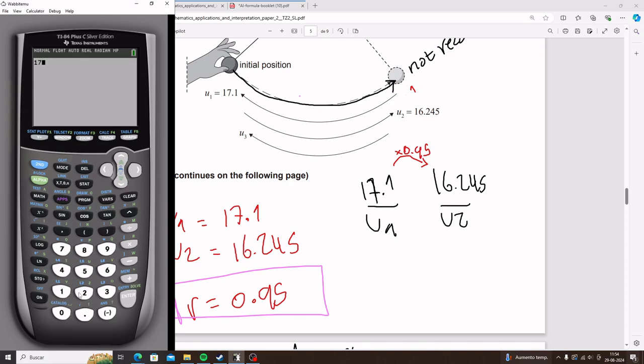So 17.1 times your common ratio, so 17.1 times 0.95 should be giving you 16.245. And so that's if you multiply, ¿cierto? And let me check this, but I'm pretty sure it works. It does work. Okay, perfect.